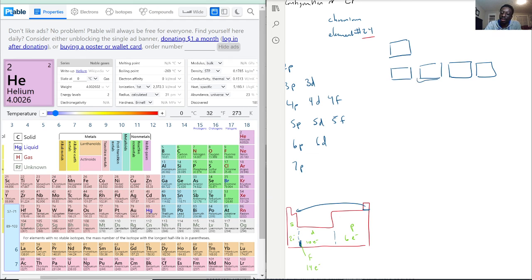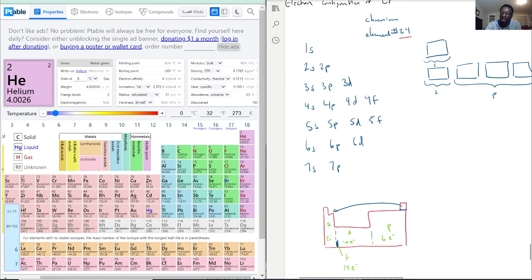So this right here would be your p. Okay, so you can label how you want. So I'm just going to do this right here, and this would be your S. And we're just matching because this is going to be the 1, 2, and now this is going to be a 3. I'm only going to go down to 4 because that's how far chromium will go, as you will notice.